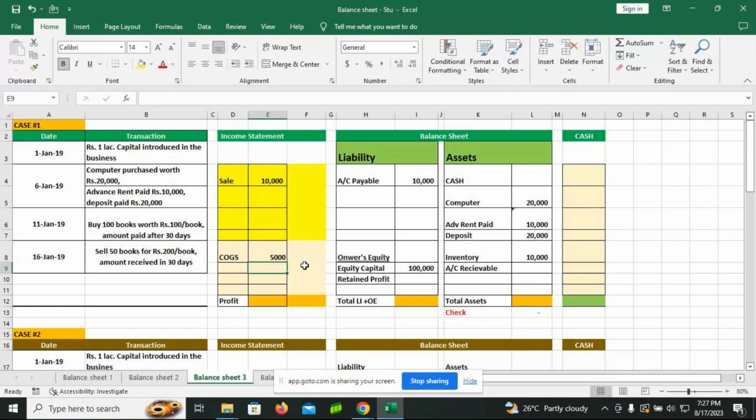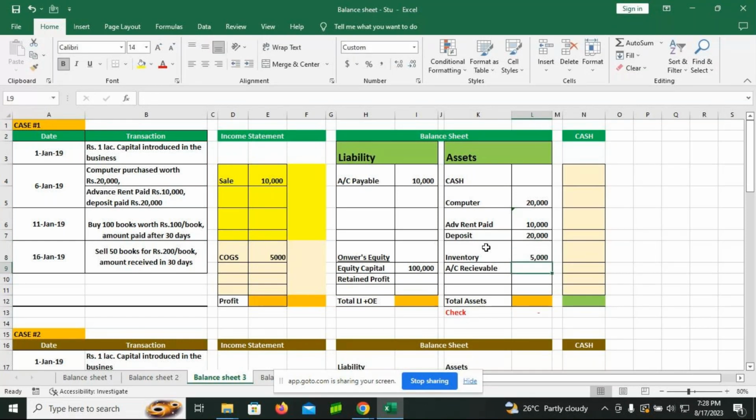So now in order to show the inventory, I have bought 100 books worth rupees 100. Now I have to show the sales also in this. So the inventory that is left with me: this is the purchase, what I am showing, minus 50 into 100. I have made sales of 50 books now, so the remaining inventory with me is worth rupees 5,000.